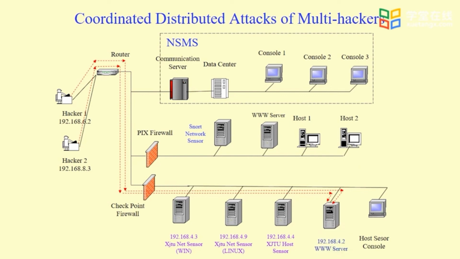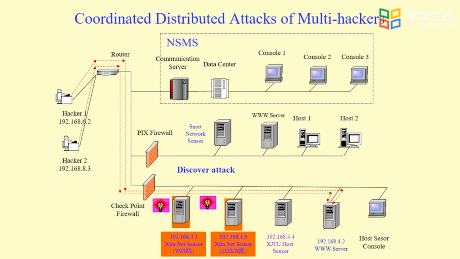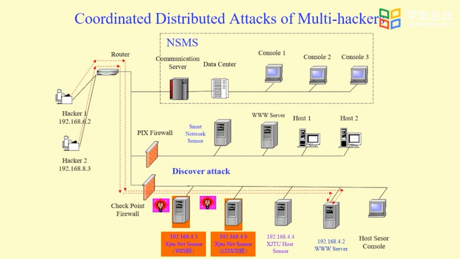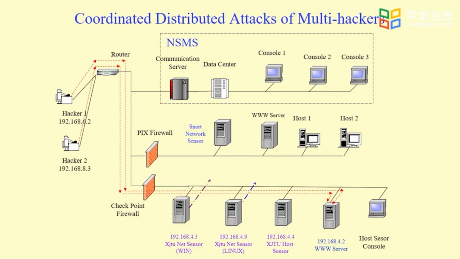through the network, it is detected or discovered by two sensors installed in two other computers. Then these computers report their findings, or what they sense is going on, to the data center, and also report to the console to let the operator know.